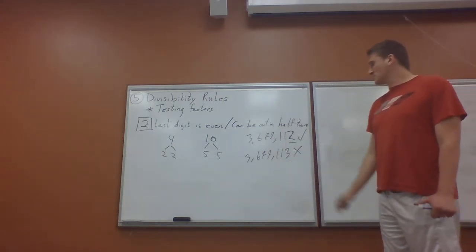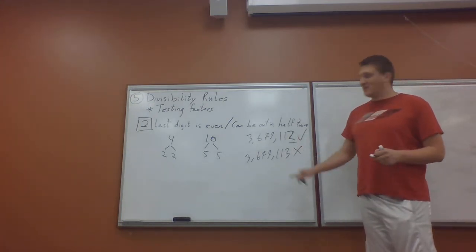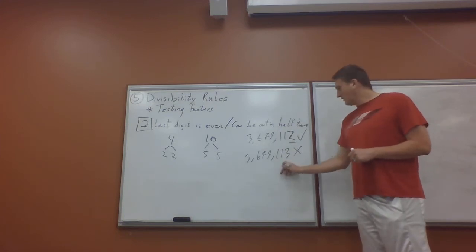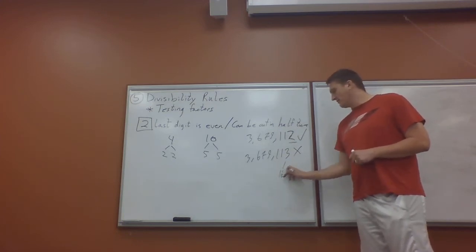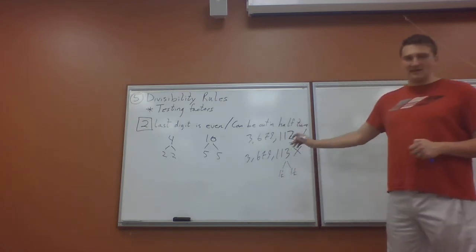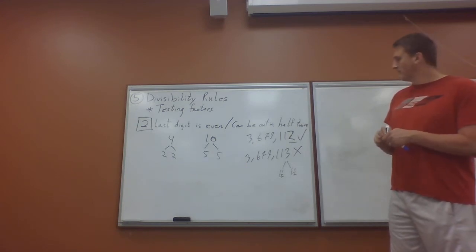That last digit is 3. That means I'm going to end up dividing 3 in half. Well, I know if I do that, I will get 1 1/2 and 1 1/2. I know for 100% certainty that it will not be divisible by 2.